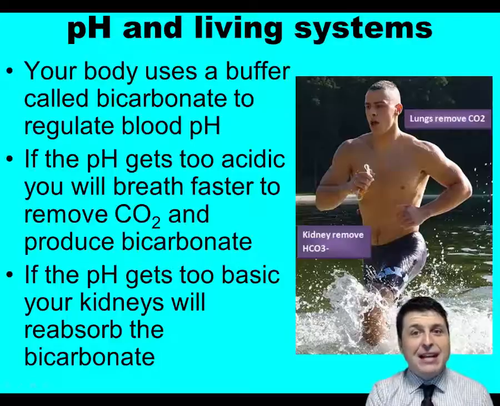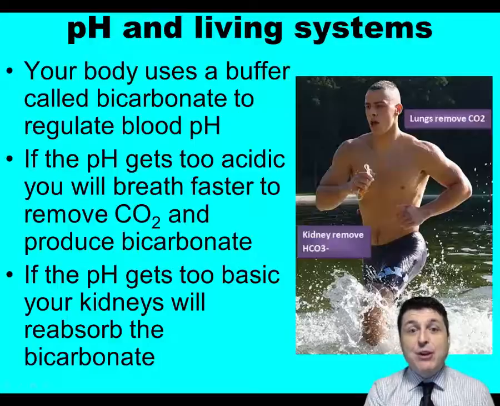When carbon dioxide dissolves in water, it produces carbonic acid, which donates hydrogen ions into the solution, reducing the pH and making your blood slightly acidic. To respond to that, our body will use our bicarbonate buffer, which will try to regulate that pH. Plus, we are going to try to breathe faster to remove that excess carbon dioxide and bring our blood pH back to its normal state of 7.3 to 7.4.